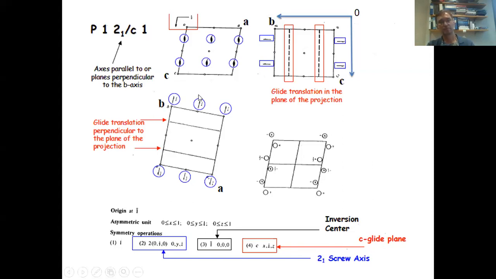So last but not least, you see here the same symmetry elements in this unit cell again. You see here the 2-1 screw axis. You see here the glide plane, okay, which again stands perpendicular to B. So it contains A, and then it contains the coordinate C, which points out of the board plane.